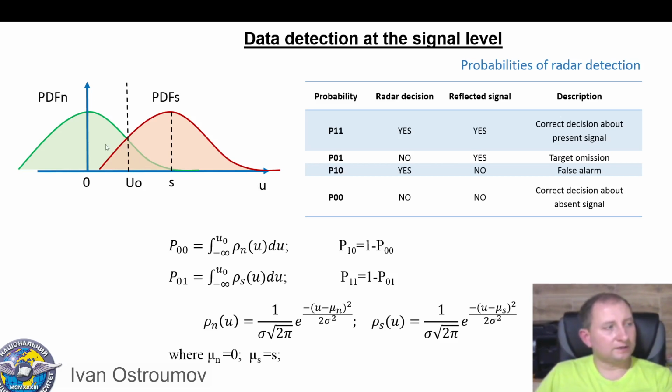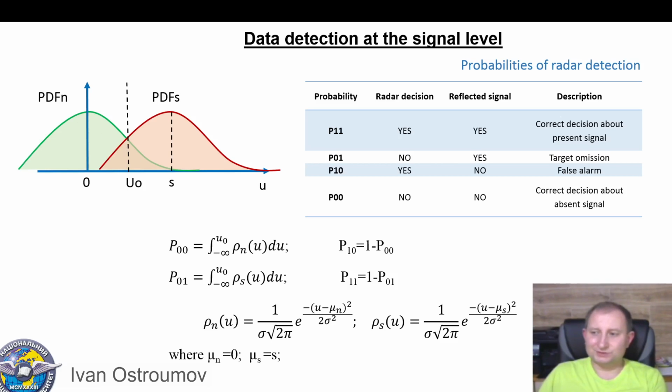The area under this function is equal to 1, which is equal to 100% probability. The probability of being in some particular interval is the area under the probability density function.